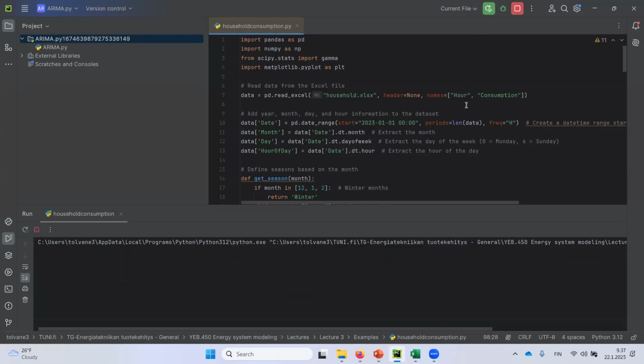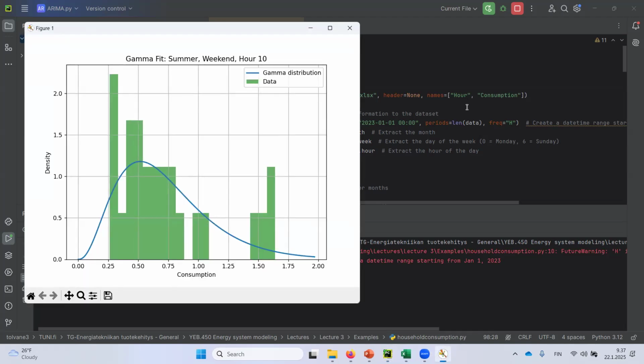If I run it, by the way, the input is just the behavioral related energy consumption. Now it gathers all the data and makes the probability density function for it. And as you can see, we have a limited amount of data, but we'll work with that.